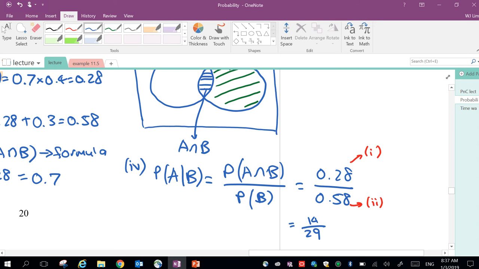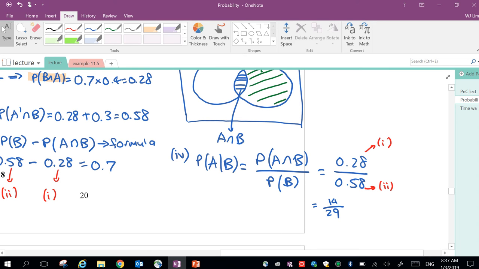So the answer is 14/29. This is the last example for conditional probability.